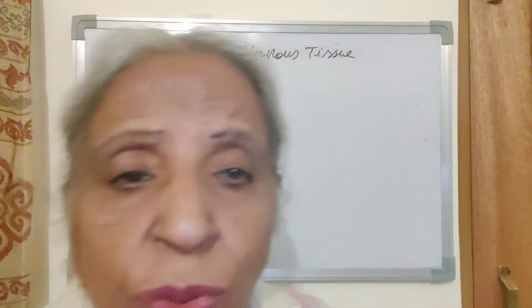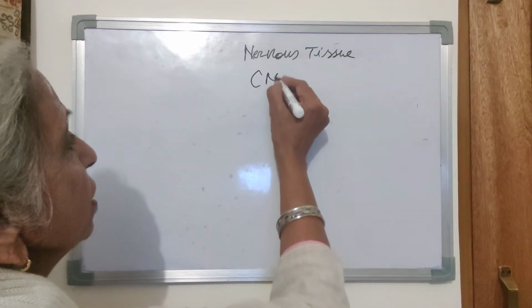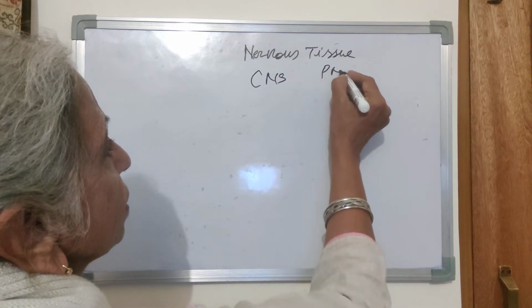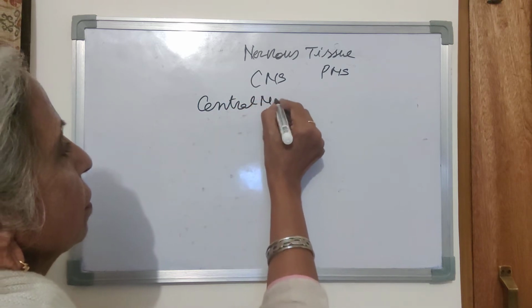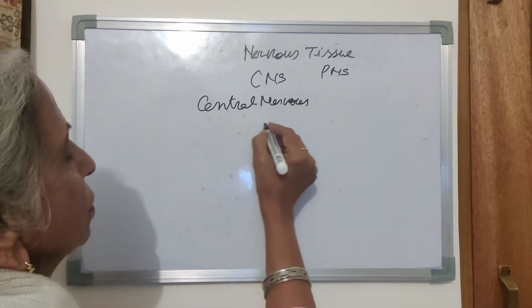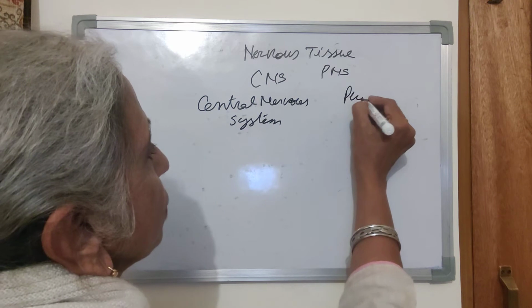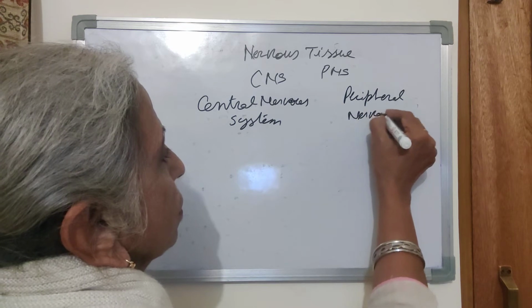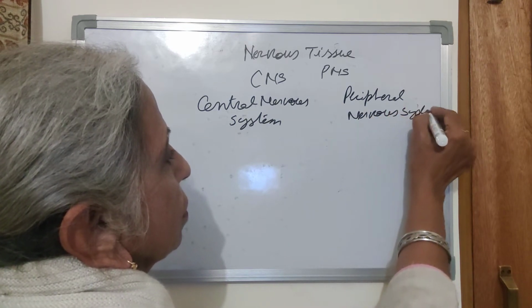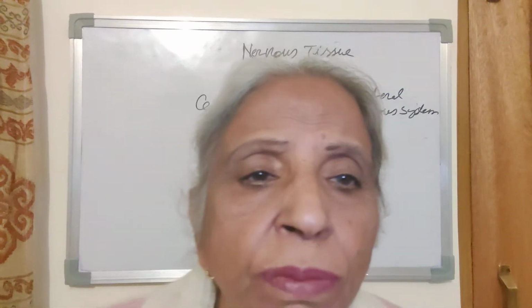Nervous tissue has two parts: the central nervous system, called CNS, and the peripheral nervous system, called PNS. So nervous tissue forms the central nervous system and the peripheral nervous system.